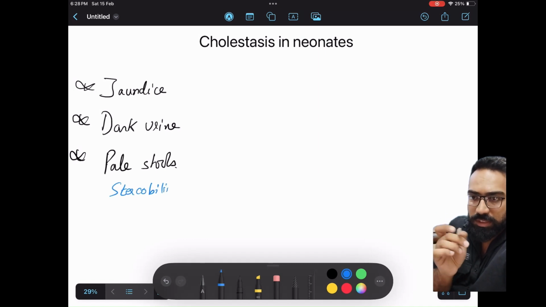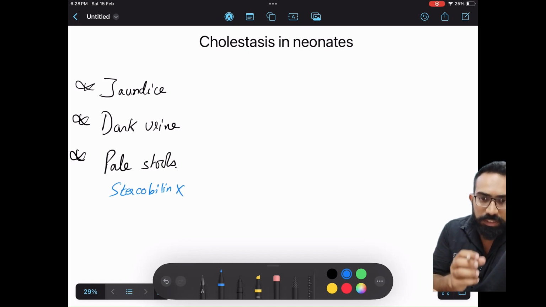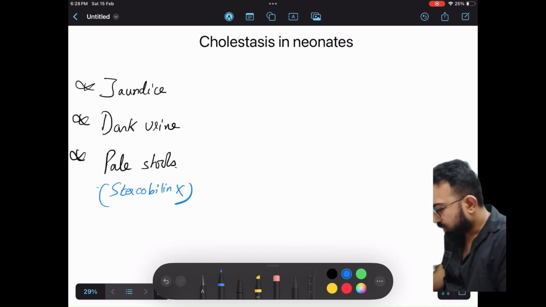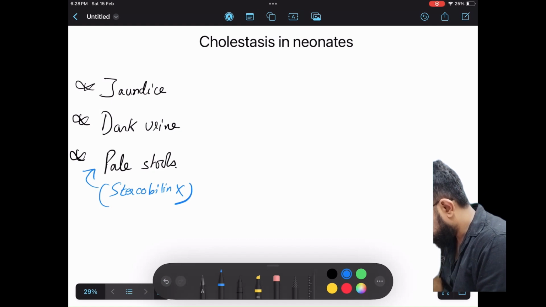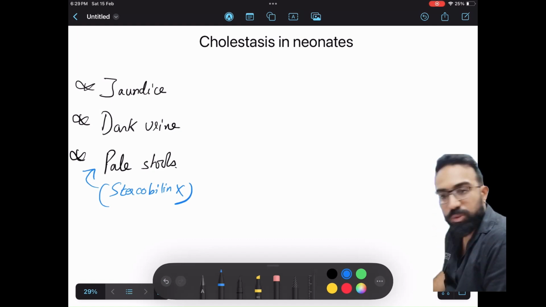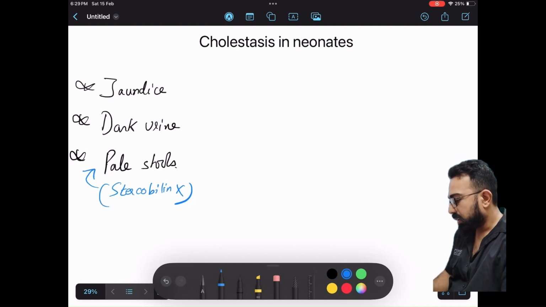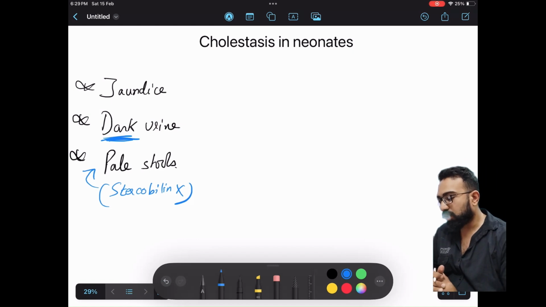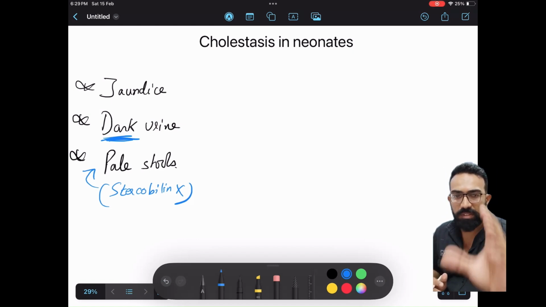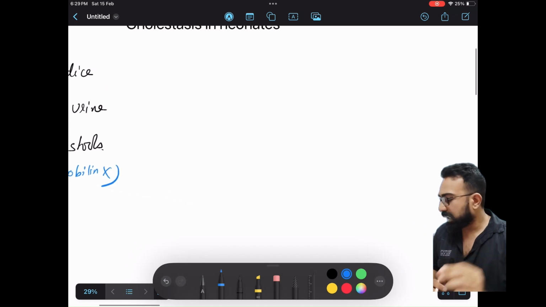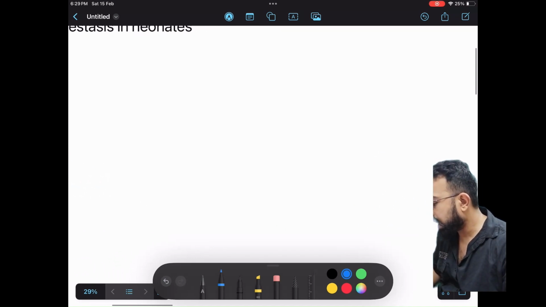Whereas since it is not passing down in the intestines, there is no stercobilin production. Stercobilin is not produced, and that is why the stools have a pale color. And the conjugated bilirubin is mixing with the urine, giving the urine a dark color.